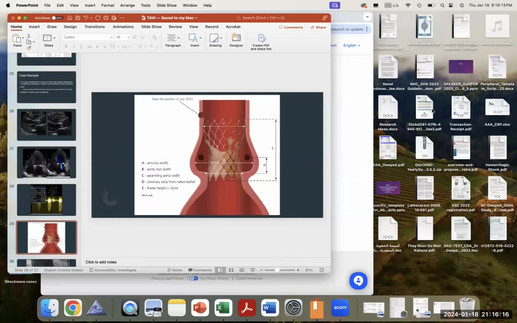By the way, the one case that's TAVI, not surgery, is a patient with renal failure on dialysis. And the one case that's surgery, not TAVI, is a patient with endocarditis.